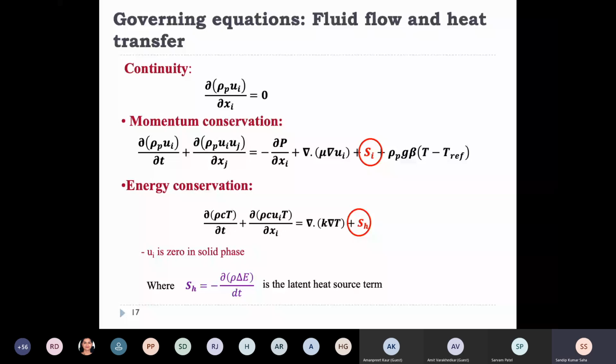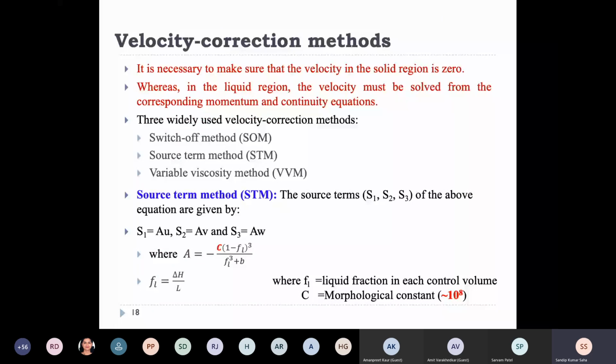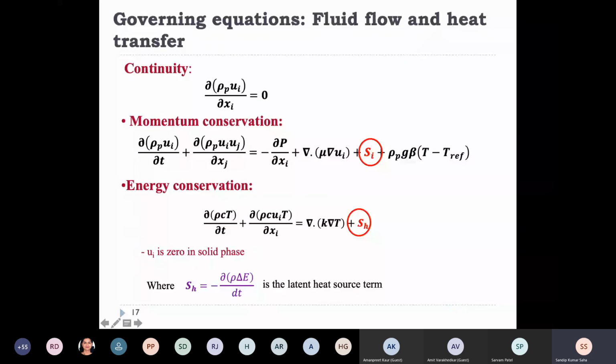This source term method we employ for the melt front, where we set the velocity 0 in the solid region. Whereas for a solid material present in the phase change material, we employ the variable viscosity method. Okay, so I hope it is clear.